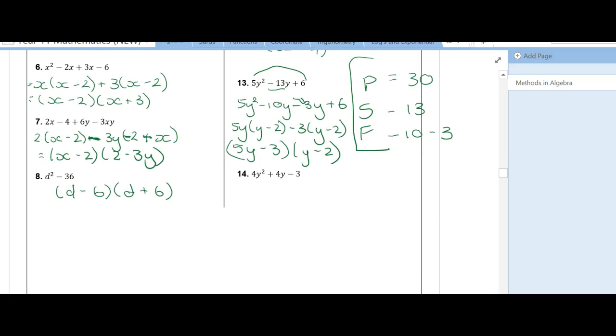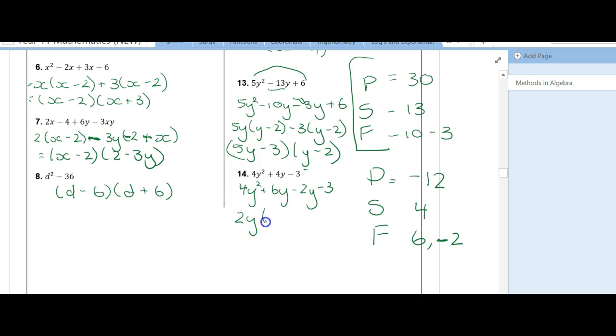I'll do another example. What 2 numbers times together to give me 4 times minus 3, minus 12, and add to give me 4? 6 and minus 2. 6 times minus 2 gives me minus 12. 6 minus 2 is 4. So I've got 4y squared plus 6y minus 2y minus 3.